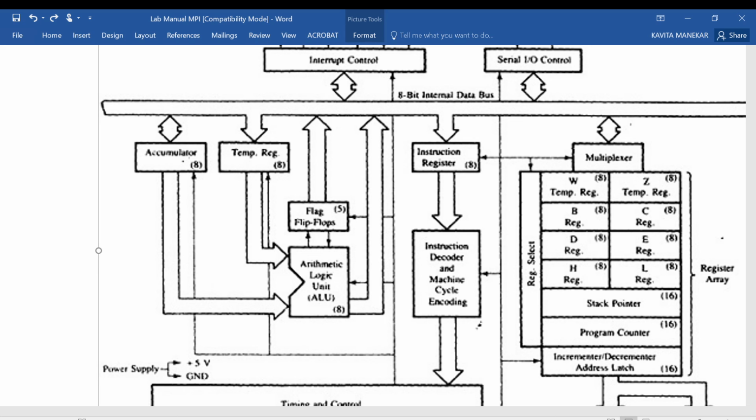There are five flags: sign flag, zero flag, carry flag, parity flag, and auxiliary carry flag. Whether the sign of the result is positive or negative is indicated by the sign flag. Whether the parity is even or odd is indicated by the parity flag. Whether the result is zero or non-zero is indicated by the zero flag.